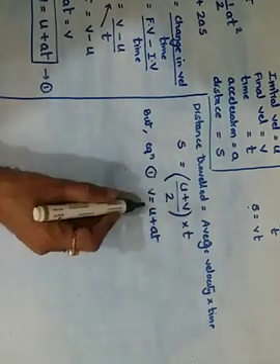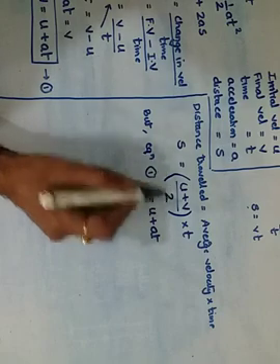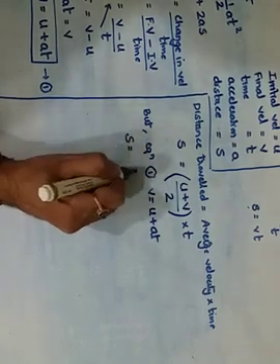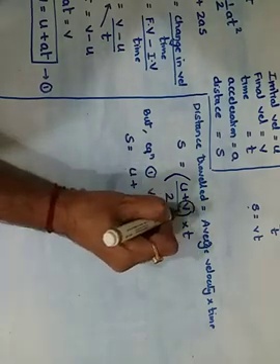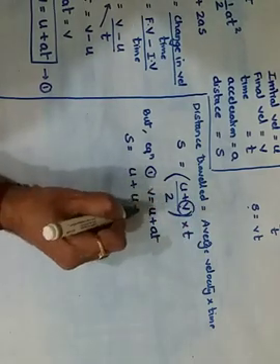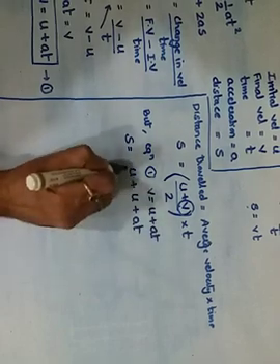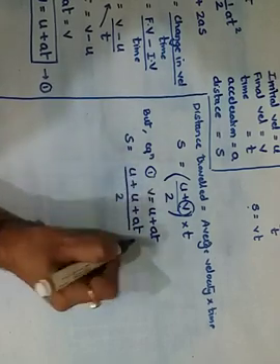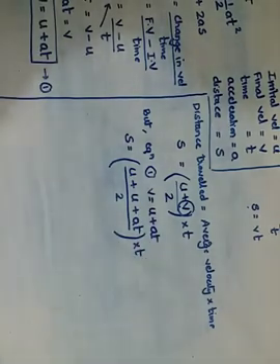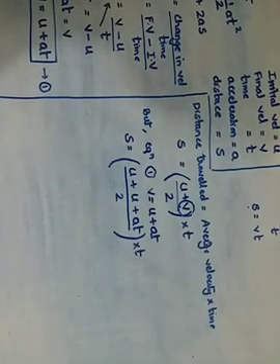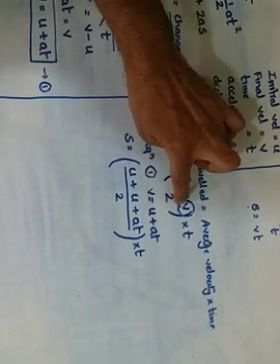So when I substitute this in our new equation, S becomes (u plus v), but v is u plus at, full upon 2 in the bracket, with outside multiplied by t. Getting it? Just I have substituted the value of v.